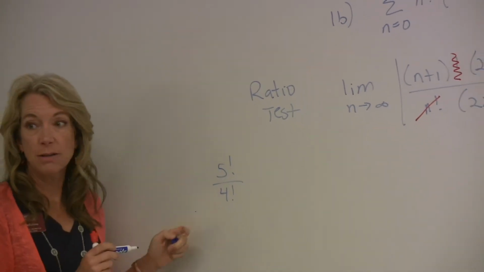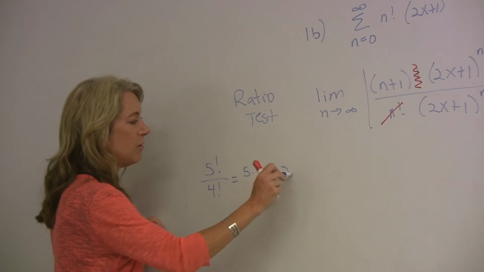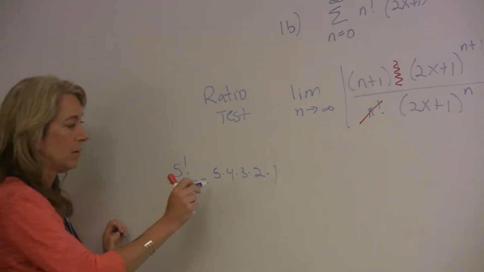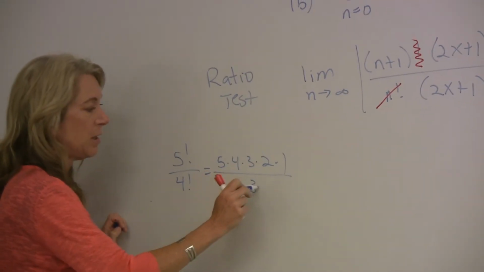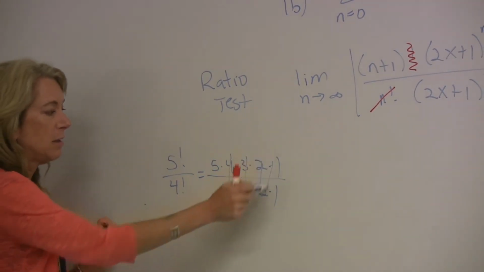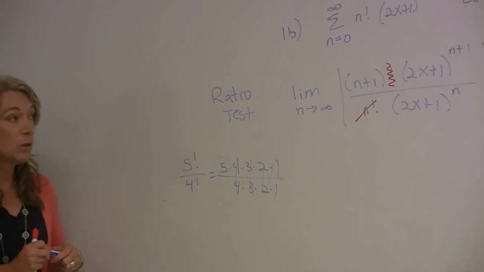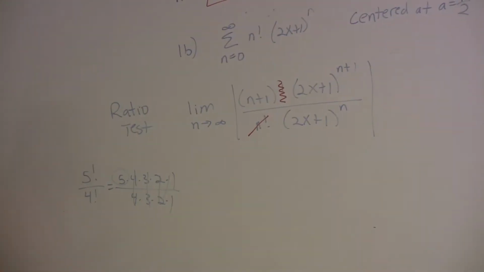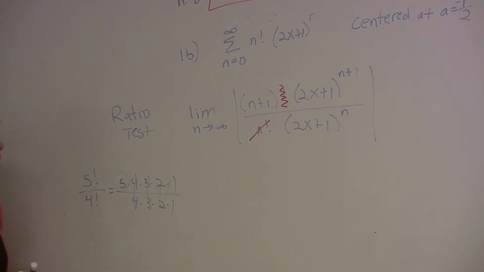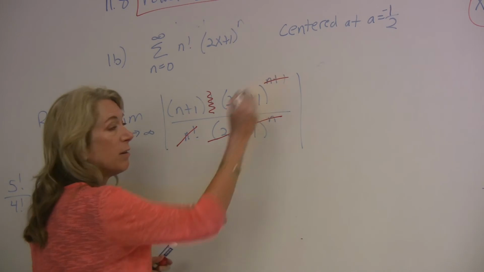One more than this. This means 5 times 4 times 3 times 2 times 1. This means 4 times 3 times 2 times 1. So everything reduces except for that first number. So in this case, the n plus 1 is all that's left. And the (2x plus 1) to the n power cancels out. I'm just left with what's there.